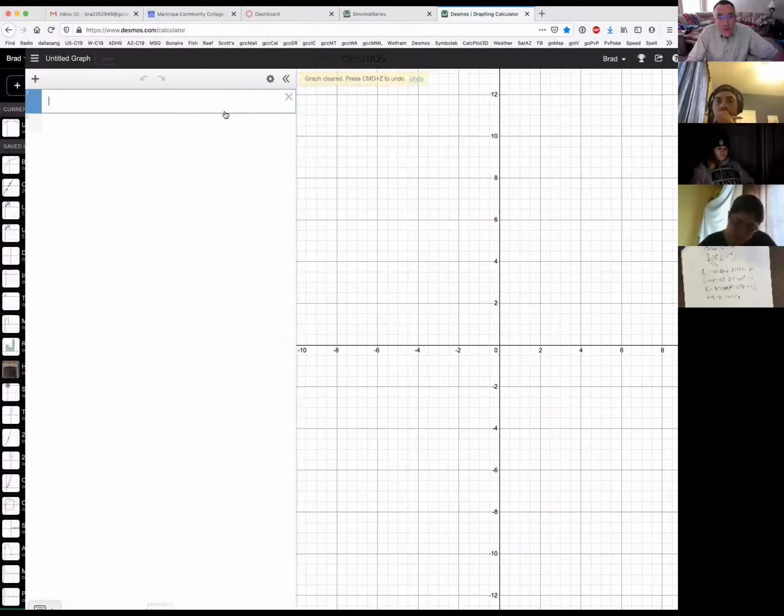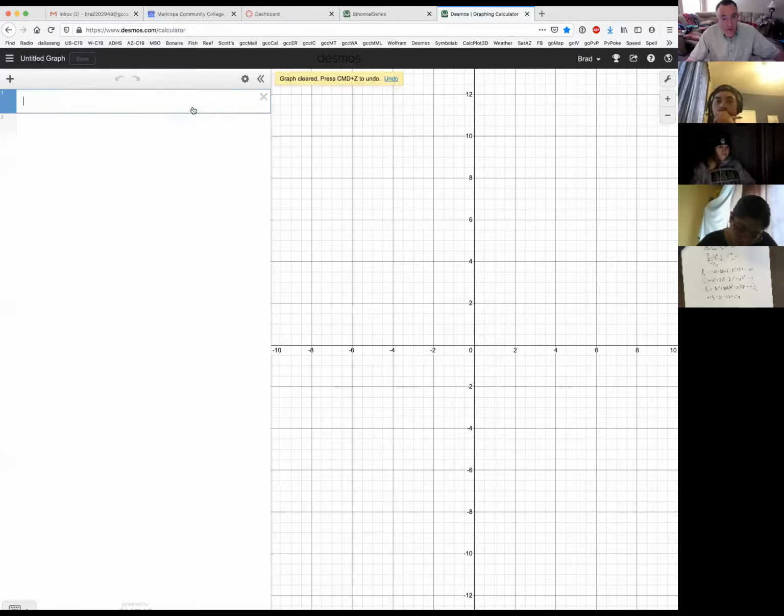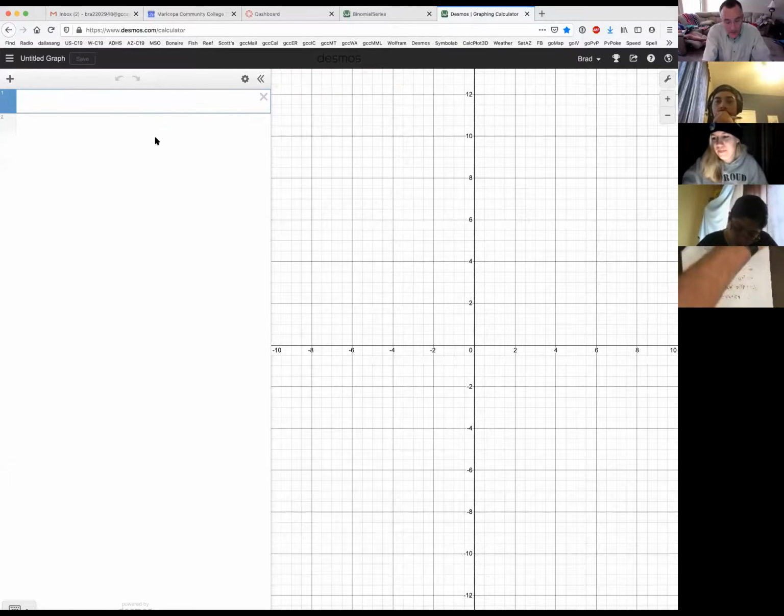I would maybe start with a new one, and then I'd probably put this in, and I'd say, what do I want? I want the integral from 0 to 1 of e to the minus x squared, right? dx.